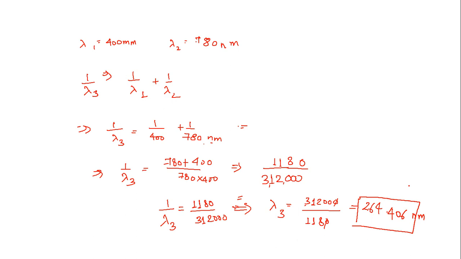Now there is one more thing. Suppose I have given you the relation. Here I have written something wrong. If I have given the wave number instead of the wavelength, say 1 upon 780 nanometer, then from nanometer we have to convert it into centimeter inverse.